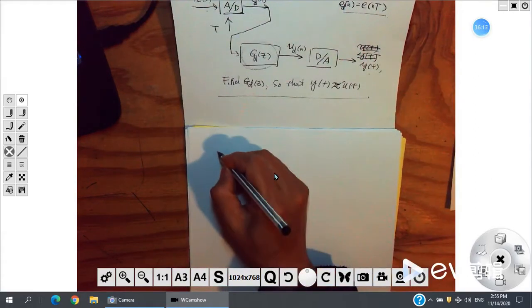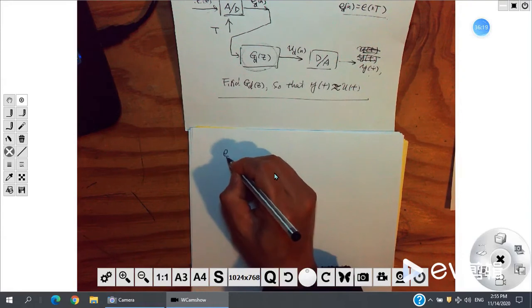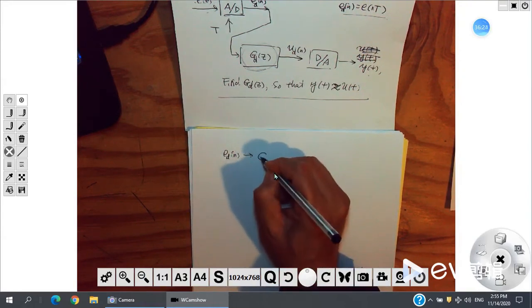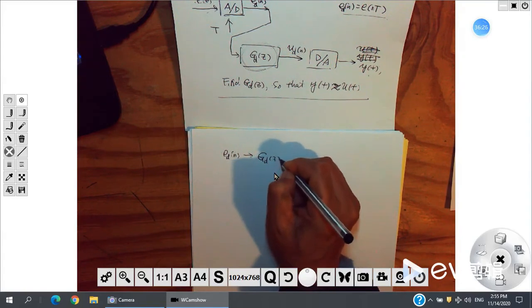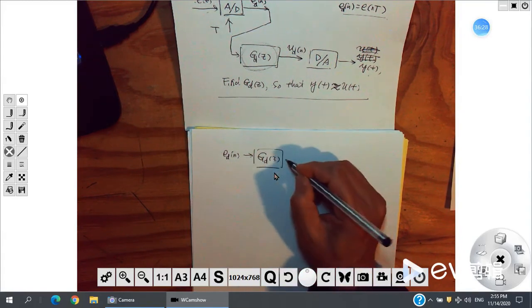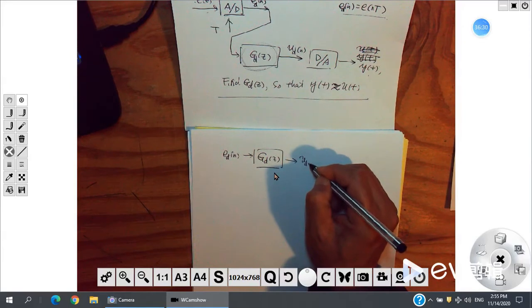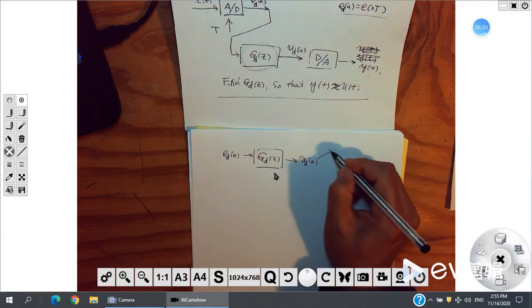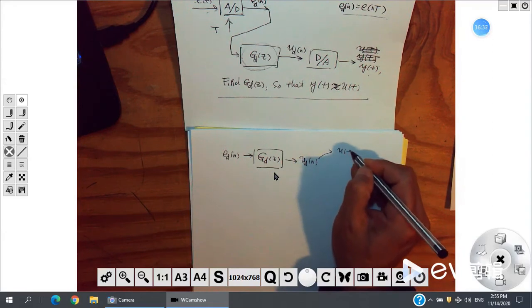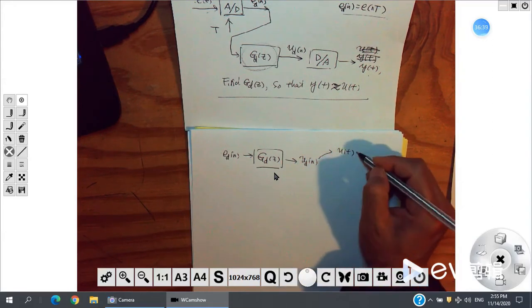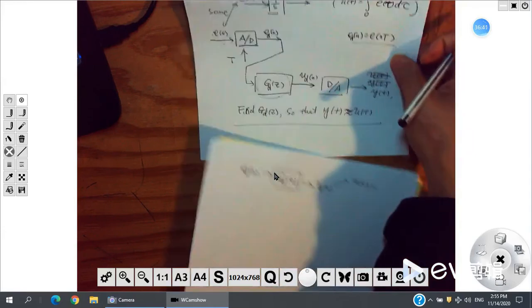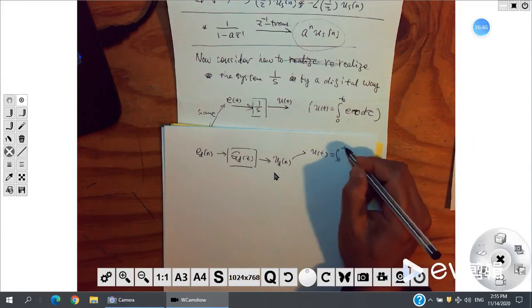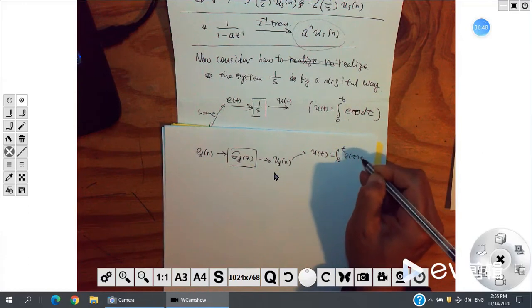ED, right? We have ED of n. Then we go into GD of z. This side will be UD of n. We want this one related with U of t, right? U of t, which is this one, 0 to t, E of tau d tau.